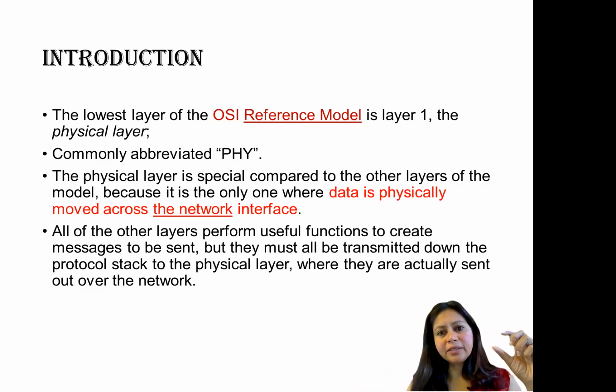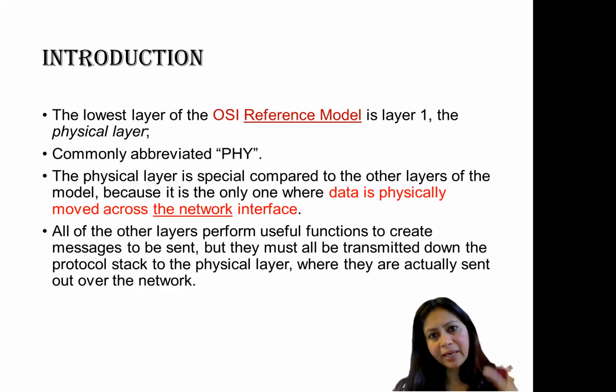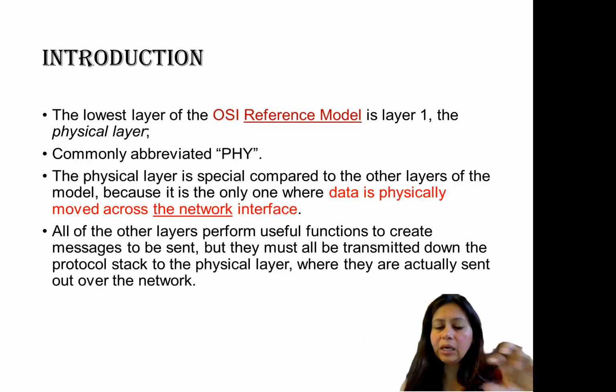When you hit the send button, the operating system of your machine calls upon the different functions layer by layer: the transport layer function, the network layer function, the data link layer function, and finally your physical layer function.